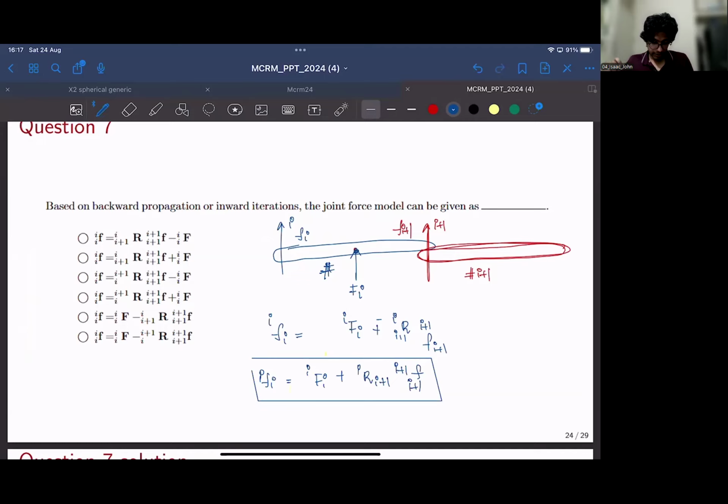So in that regard, I think option B looks correct. Yes, option B looks correct.